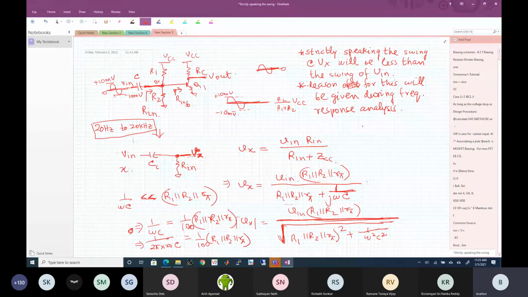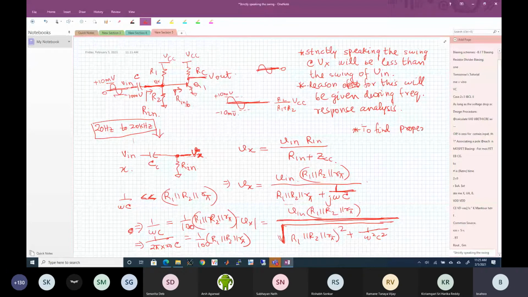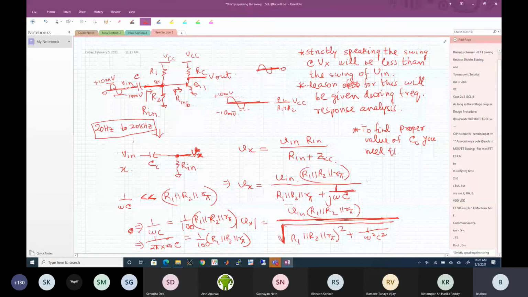So how to find the size of the capacitor? To find the proper value of CC, the coupling cap, you need the range of frequencies that need to be amplified faithfully.